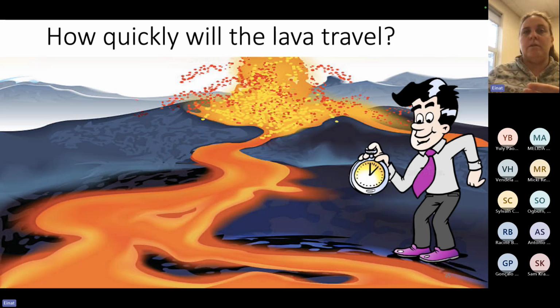Say, do you want to evacuate everyone that's downstream because that lava might get there, but what if it only gets there in a week? You can give people an hour or a week to evacuate. That really makes a big difference in their lives. So now we're going to talk about codes that let us answer that question of how quickly the lava will travel.